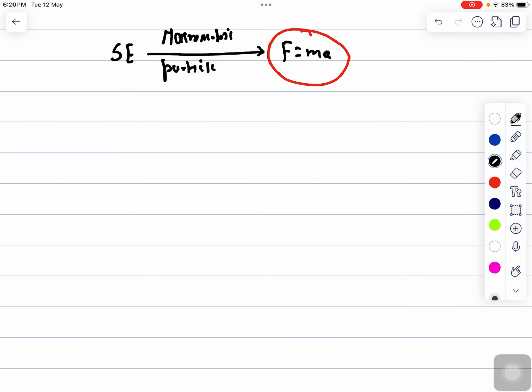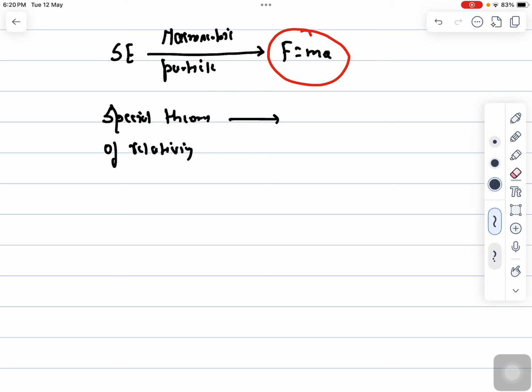Or, if we apply the special theory of relativity and the velocity is very, very less than c, the velocity of light, then it will give you Newton's second law. Is that clear?